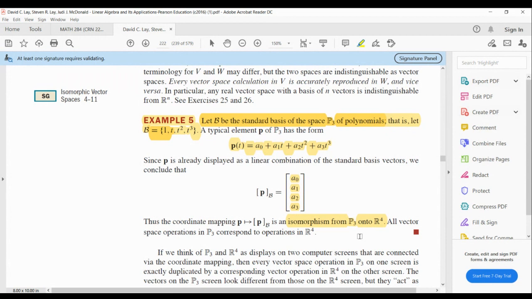P sub 3 is the set of all third degree polynomials, and that's a vector space, right?